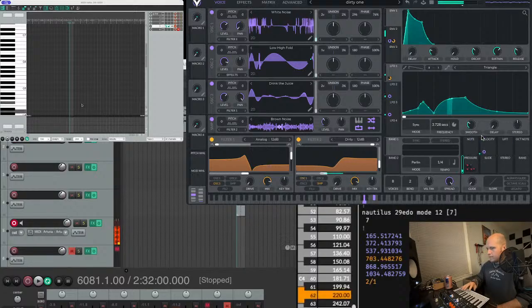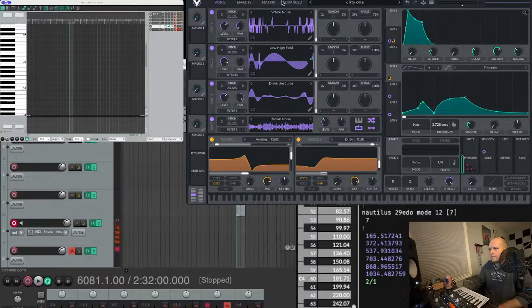We'll see. Actually do. Yeah, it just helps the sound to blend more with the distortion.